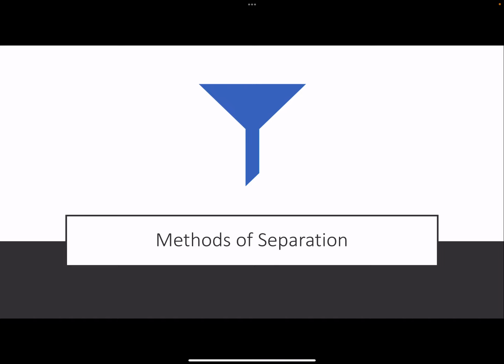When you say mixtures, mixtures are substances that have one or more constituents. We have different kinds of mixtures. You have your homogeneous and you have your heterogeneous.